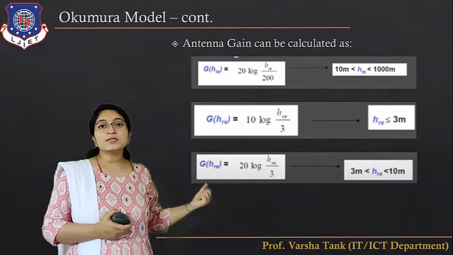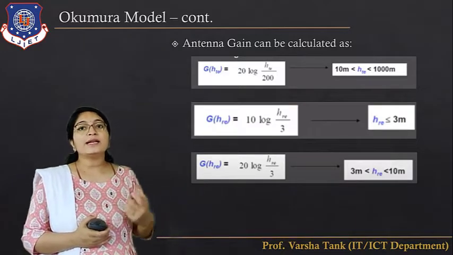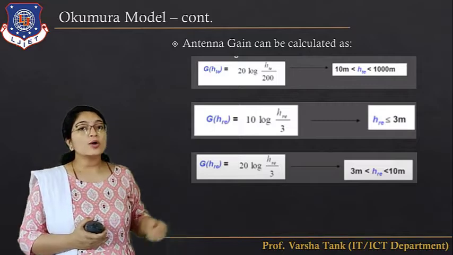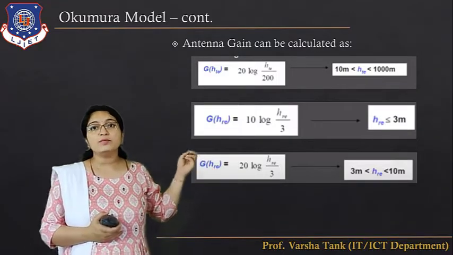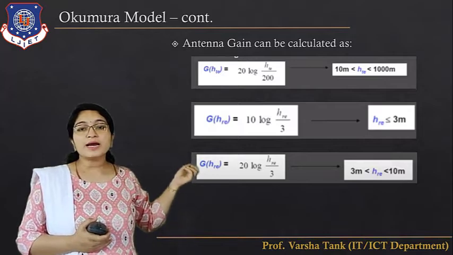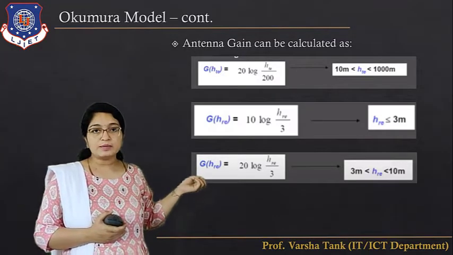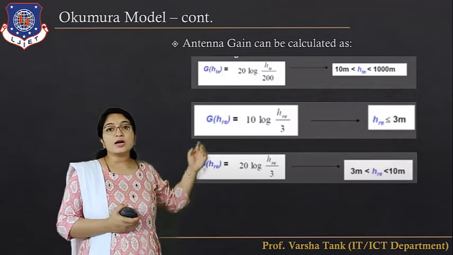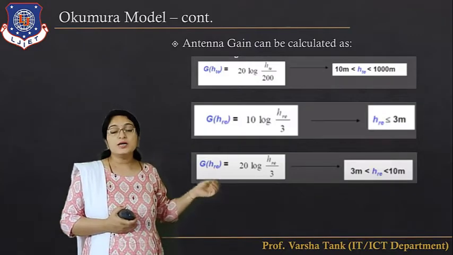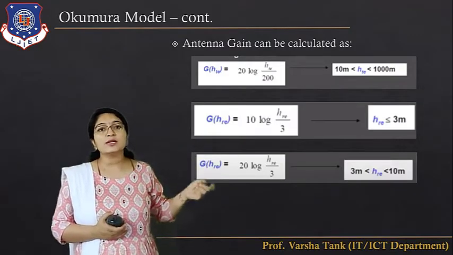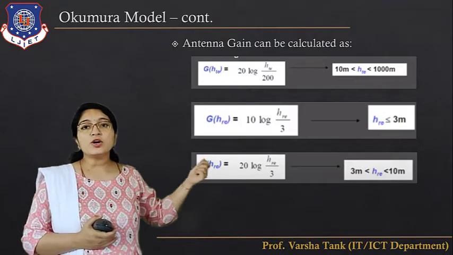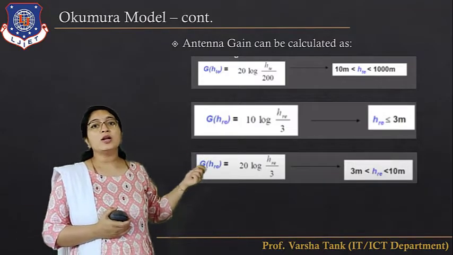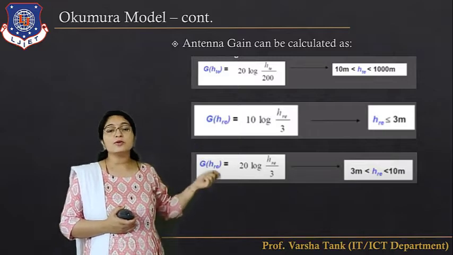Now here, if we are considering different values, then the antenna gain will be different. So antenna gain can be calculated. Here you can see that the gain of the transmitter, in decibels, is 20 log hte upon 200. So it is possible when you are considering 30 meter to 1000 meter heights. Same way, the gain of the receiver will be 10 log hre upon 3.